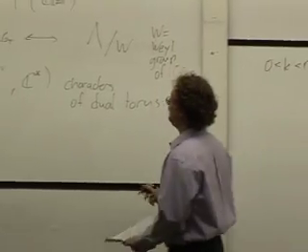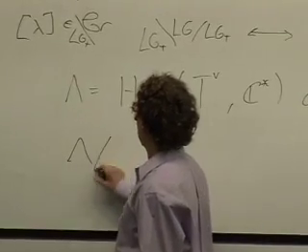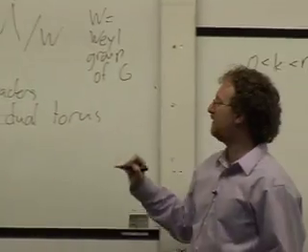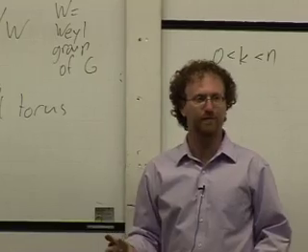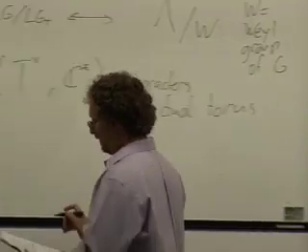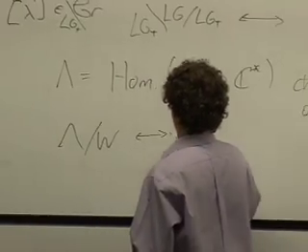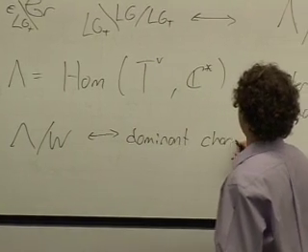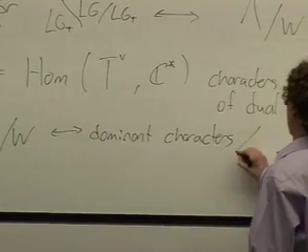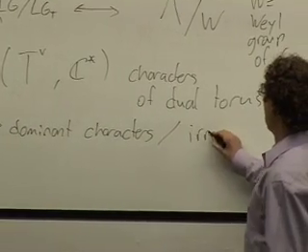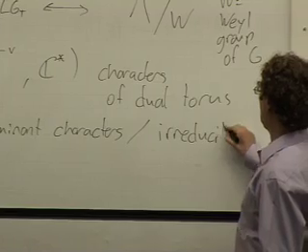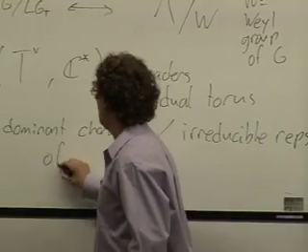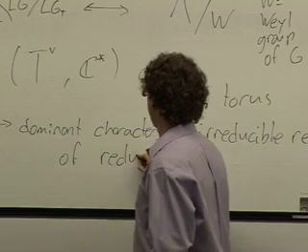So now what is lambda mod W? Well, we have a torus, and we're looking at characters of this torus up to a Weyl group. So we can think of these as dominant characters, or if we like our highest weight theory, we can think of these as irreducible representations of a reductive group.